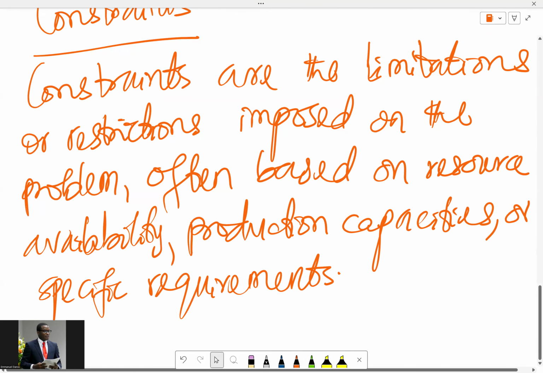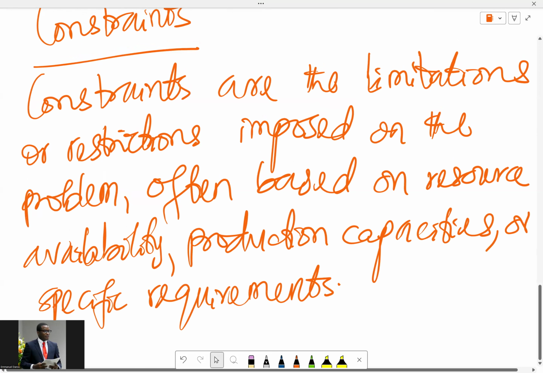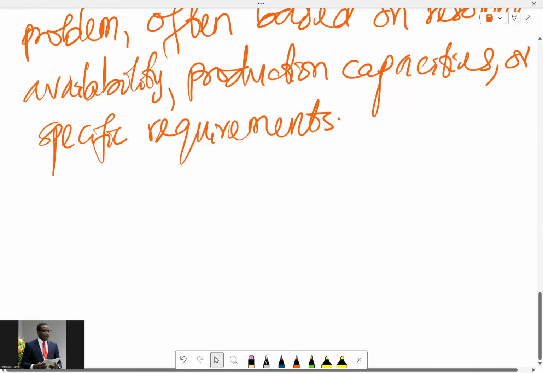For instance, you have capacity to make 1,000 cements per day, but then you don't have enough limestone to do that. You see, that's a limitation. So you have to deal with that.